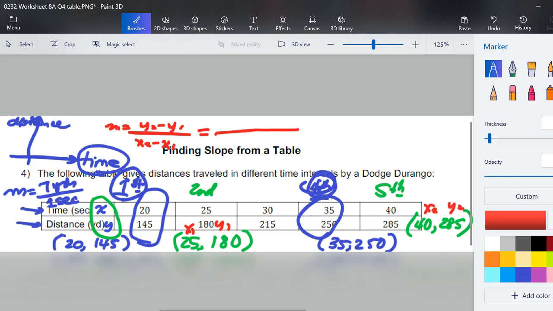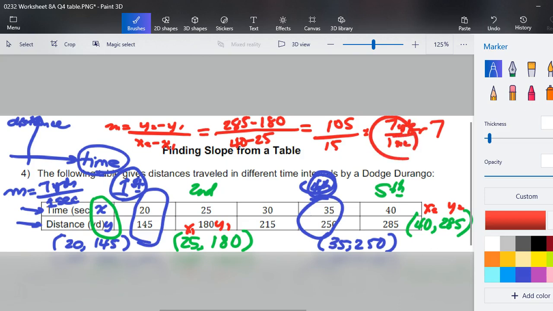So 285 minus 180, 40 minus 25, and this looks very familiar in that when we divide, we get 7 again. 7 yards for every 1 second. And it should have happened this way, that with our slopes being the same, we have points that are on the same line.